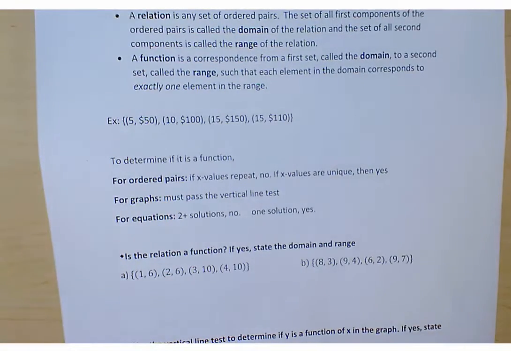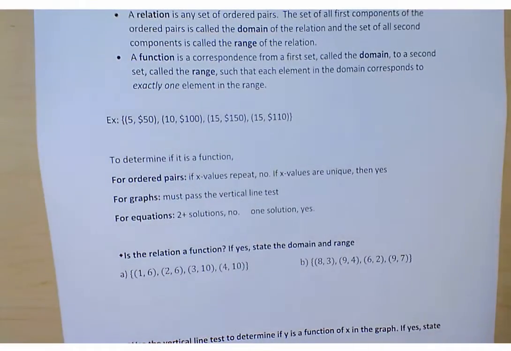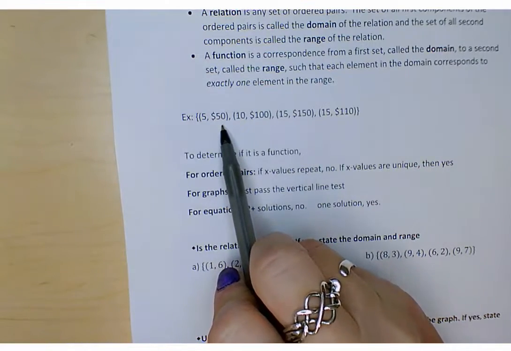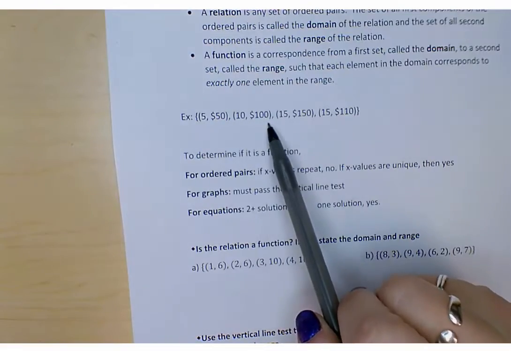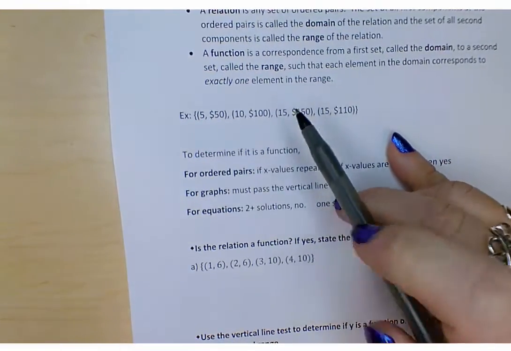So let me give you a non-example here. The example I have written here is about a job where you make $10 an hour. If you work 5 hours, you are expected to make $50 that week. If you work 10 hours one week, you'll get $100. You work 15 hours one week, make $150.